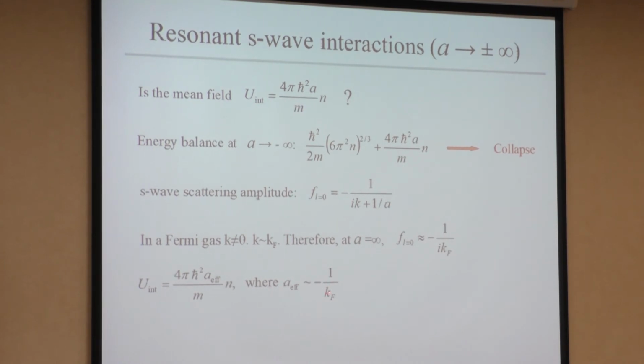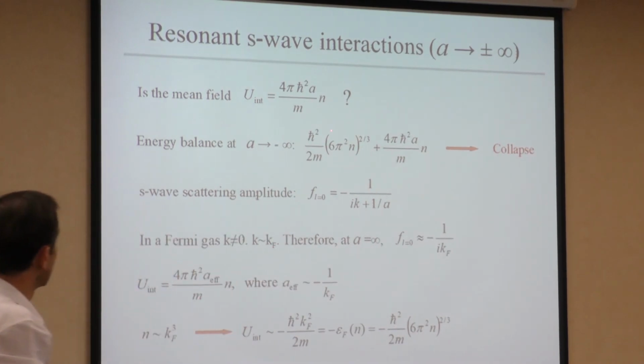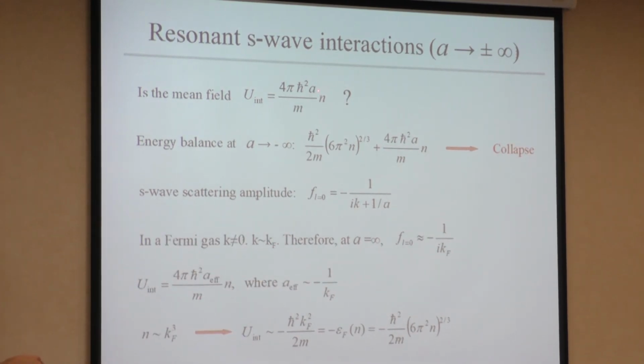And we have one more number in the expression for the interaction, the density n. Density is on the order of Fermi momentum cubed. Therefore, the interaction energy is on the order of magnitude of minus Fermi energy.